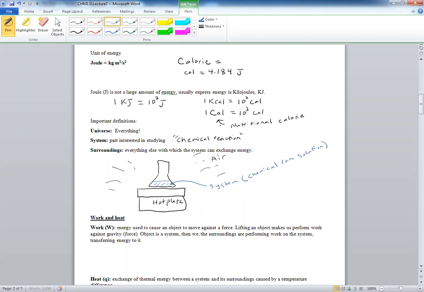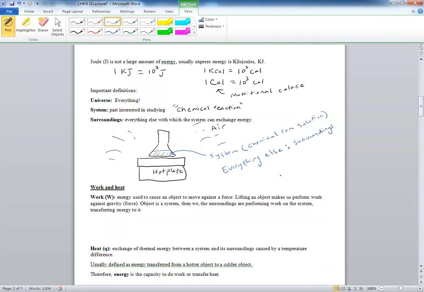And of course, everything else is the surroundings. So you need to keep that in mind, because we will study now the energy exchange between both the system and the surroundings. So even you would be considered part of the surroundings.